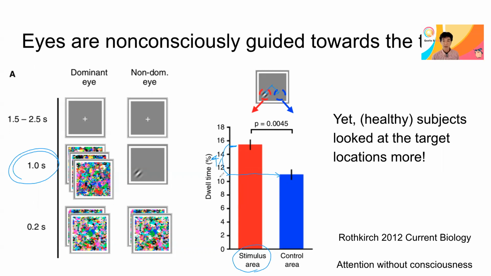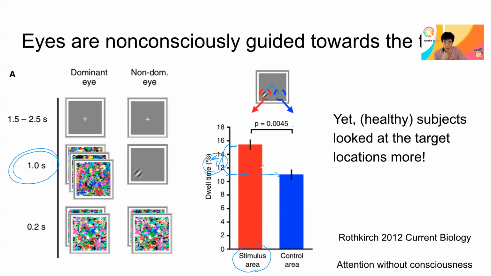If it were really large, then it would be highly unlikely that this is all non-conscious. But this 4% difference is highly reliable, with a p-value of 0.0045. So this means that healthy participants also looked at the target locations more.